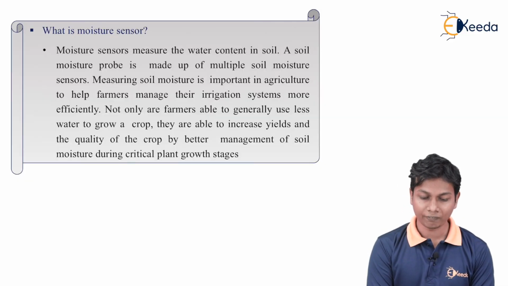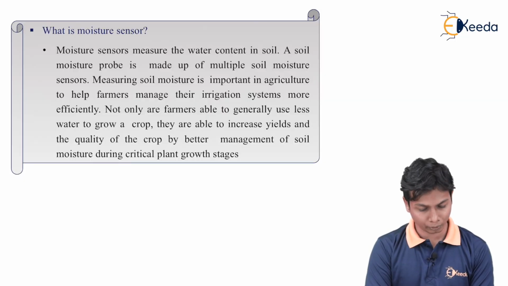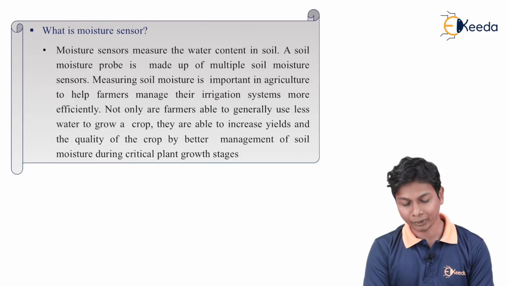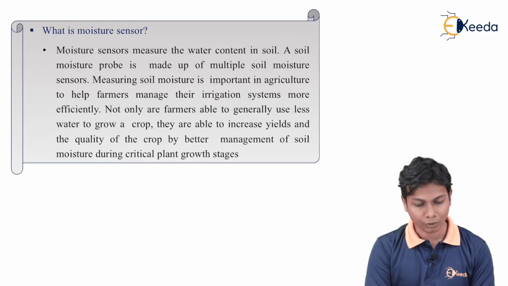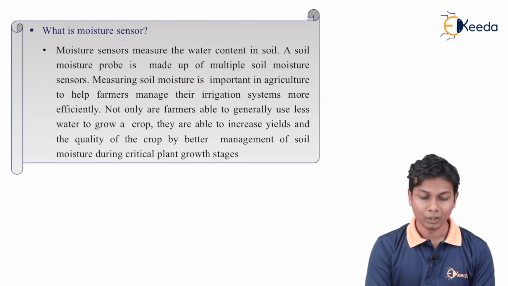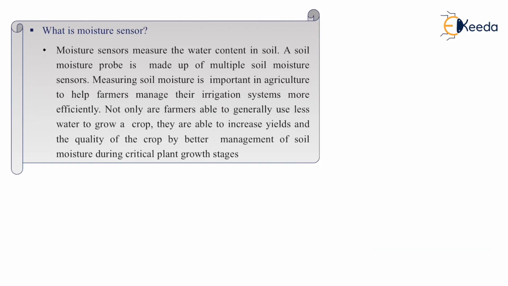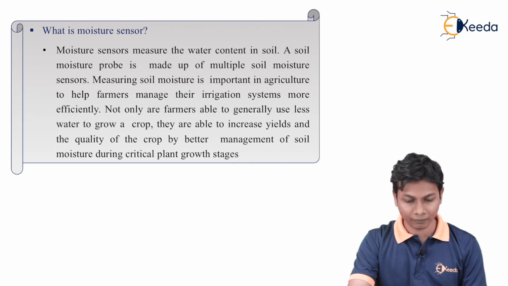Not only is a farmer able to generally use less water to grow a crop, they are able to increase the yield and quality of a crop by better management of soil moisture during the critical plant growth stages. So the moisture sensor is basically used to detect the moisture of the soil.